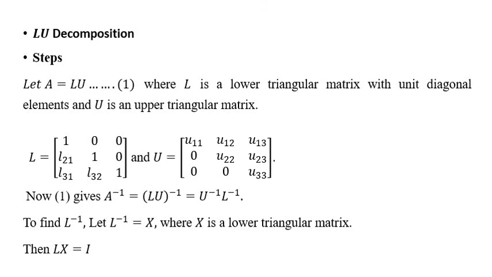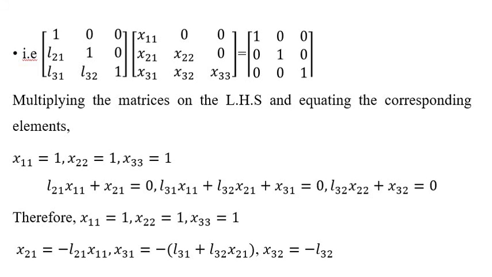To find L inverse, consider the substitution L inverse equal to X, where X is a lower triangular matrix, which implies that L into X equal to I. If you rewrite that as a matrix equation, L is a lower triangular matrix, X is also a lower triangular matrix, and I is an identity matrix.